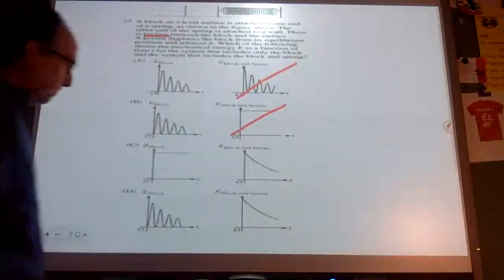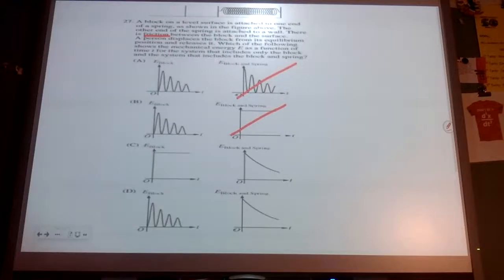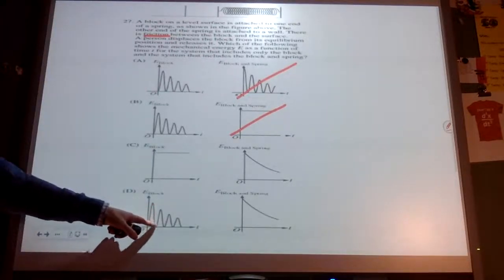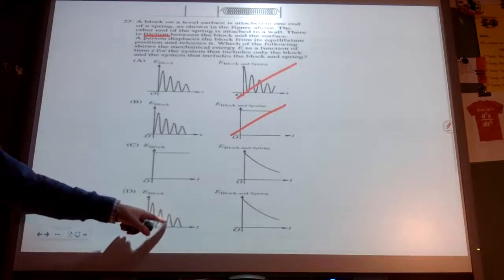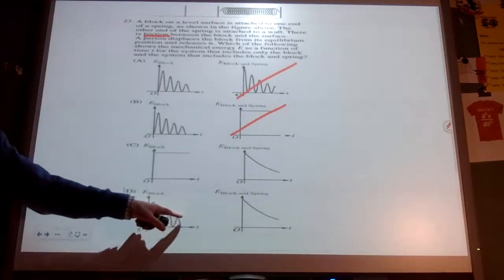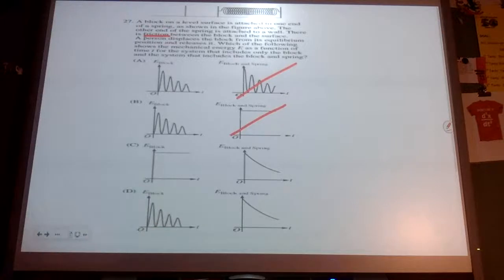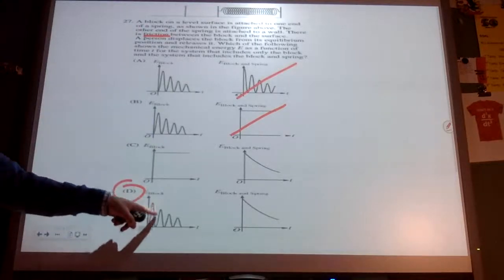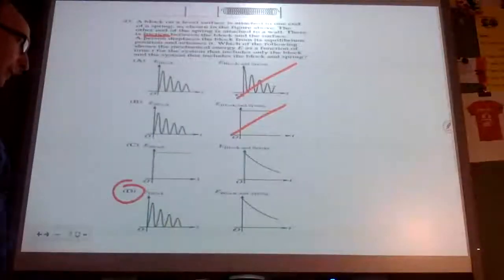The block itself would only have kinetic energy, so it would go from having no energy to a lot of energy to no energy to more energy, no energy, energy, no energy, energy, tapering down. So D would be our best choice. And if we had the potential energy curve, it would be opposite of this and fill in the gaps to make it look like that.